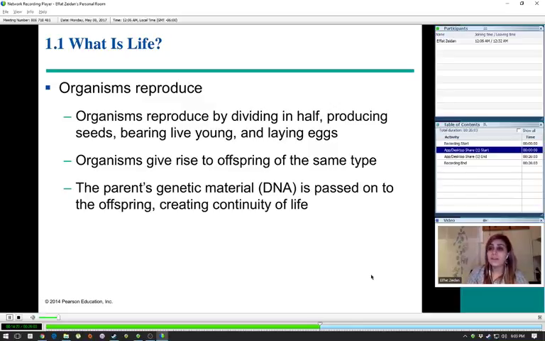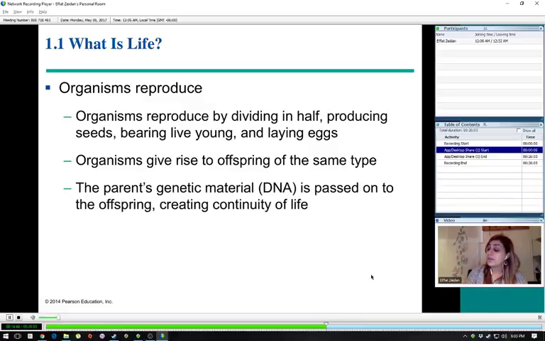And this genetic material is basically our DNA. DNA carries the genetic material. It carries our genetic code that we inherit from our parents and which our parents inherited from their parents again. And during that process, there's a lot of random selection, which means that we're not going to be exactly the same as our mom or dad.